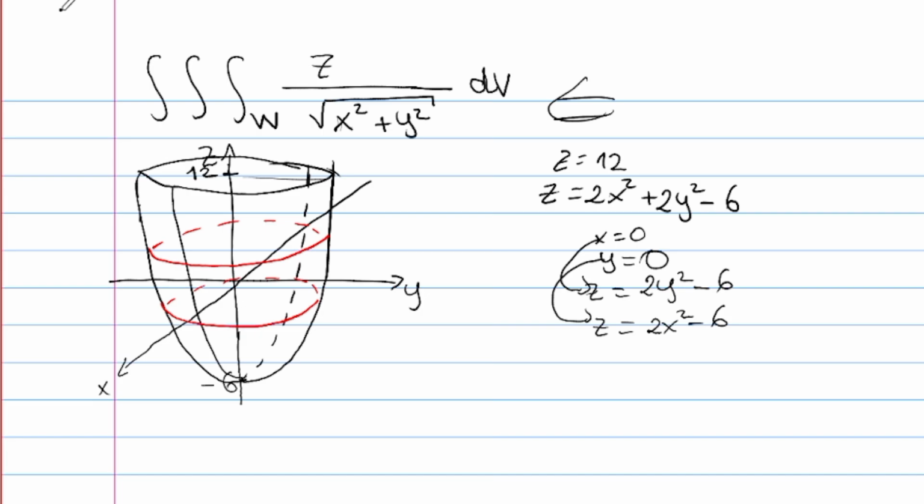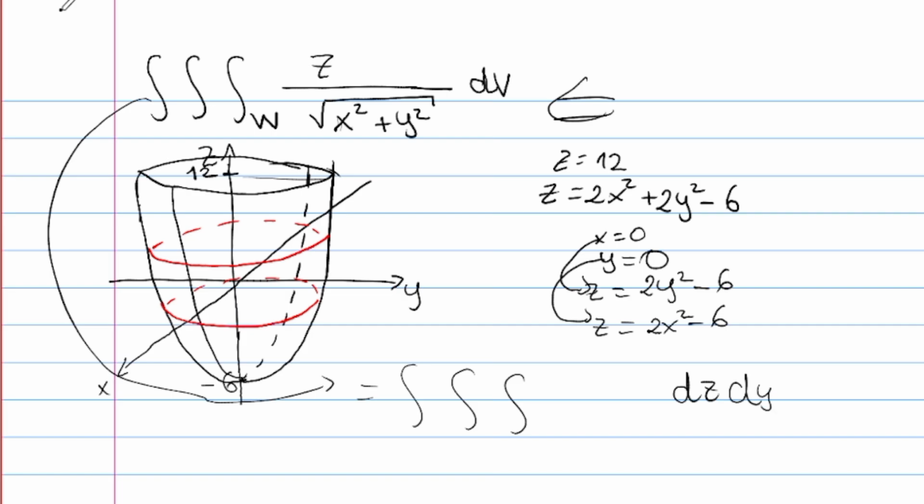And after this, we can conclude that this integral is equal to what? If we integrate first with respect to z and then y and x, z will be from the paraboloid to the plane.